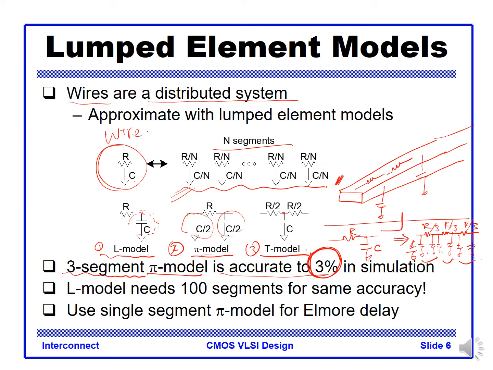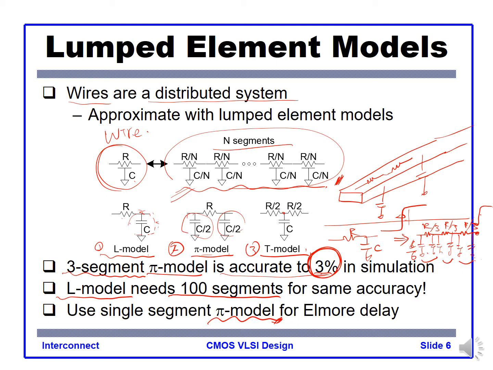So when you launch the signal there, you see the output at the right-hand side. The delay measurement is quite accurate using the 3-segment pi model versus a distributed model. For the same accuracy, the L model requires 100 segments, so we better use the pi model.